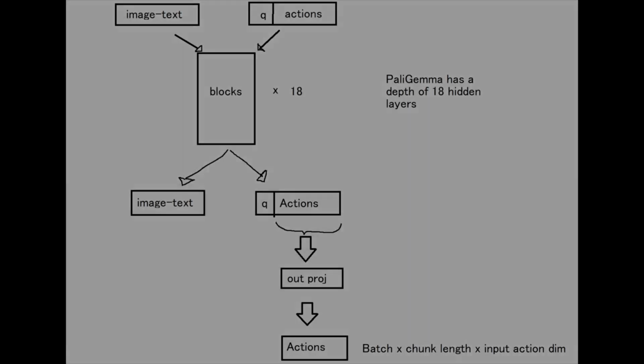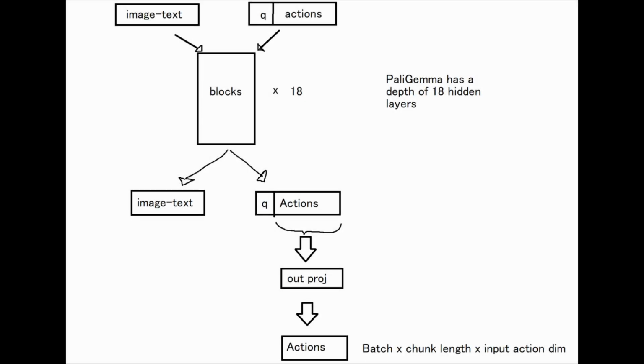Now that we have gone over what the model is predicting, let's recap the whole model so it can all hopefully be clear. The model gets images, text, and the proprioceptive state and calls these the observation. During training, the observation gets passed into the model along with the interpolated noisy action chunk and the time step tau.